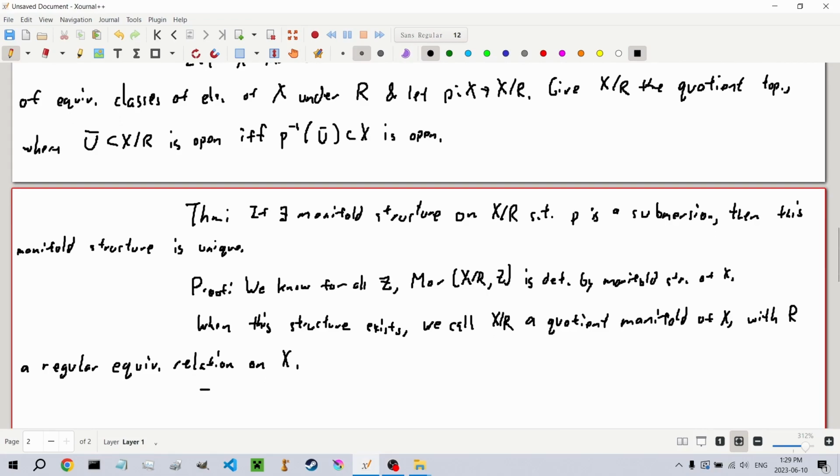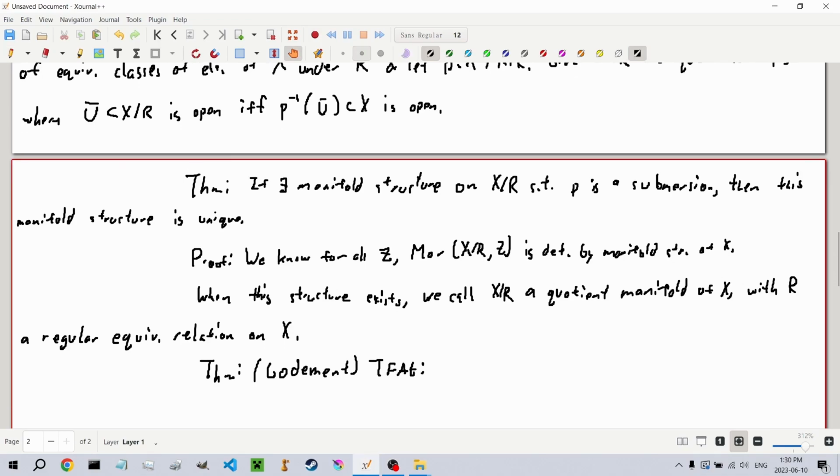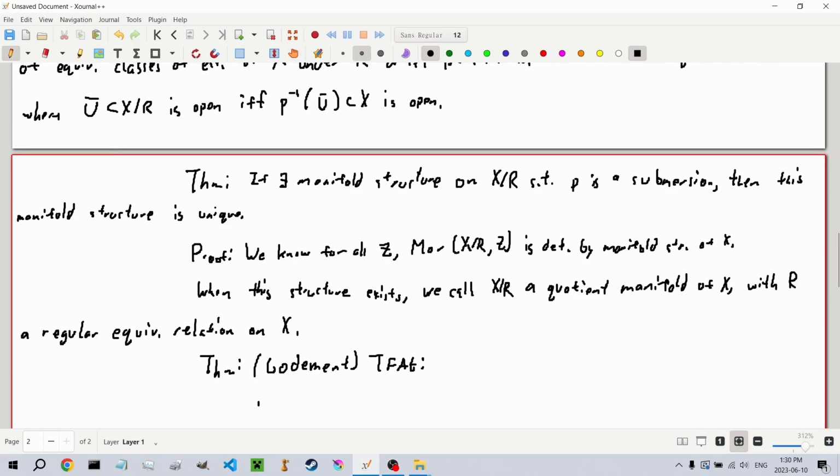Now we have another theorem to follow this up. This one is by Gödemel, I'm guessing it's pronounced. Probably not very close. Which is just the following are equivalent. First off, X over R is a manifold, which is, just by definition, saying that R is regular.